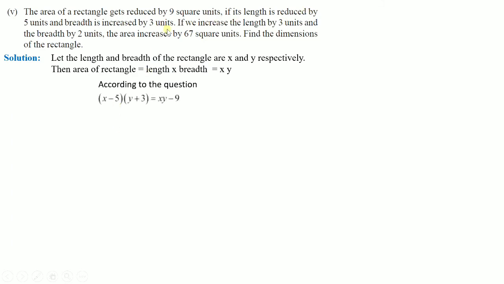So the length is x minus 5 and the breadth is y plus 3. Then the area of the rectangle gets reduced by 9 square units, so that is xy minus 9.